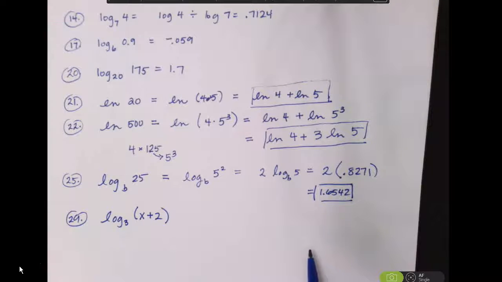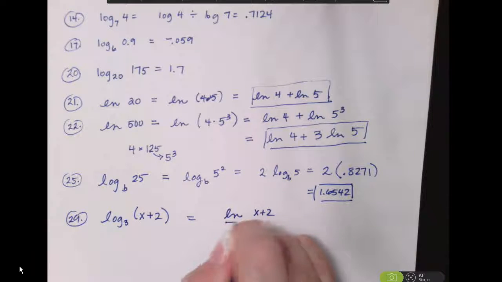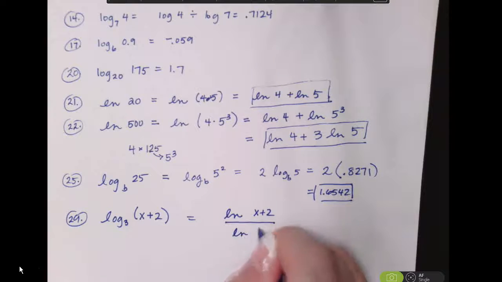Use the change of base formula. So natural log of x plus 2 over natural log of 3. And so I'm going to start up my Desmos utility and see if I can figure out how to graph a natural log. You guys, it'll be much easier with your TI calculators.